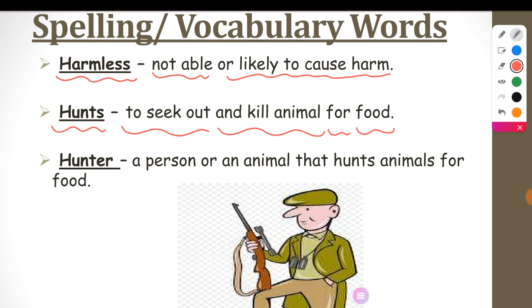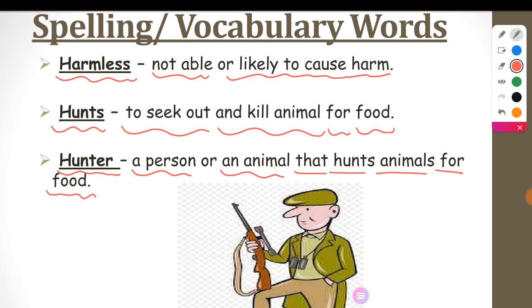We call them hunter. But here in this picture, we have the hunter. It's a human. He's human. It is a person, or it can be an animal, that hunts animals for food.